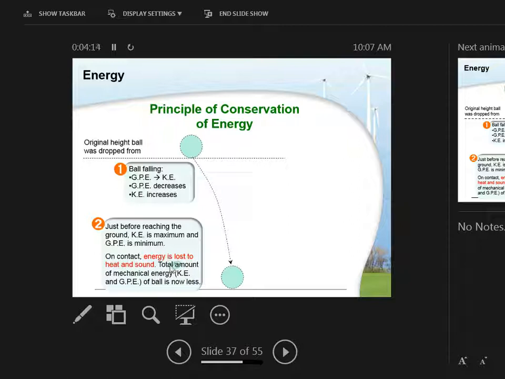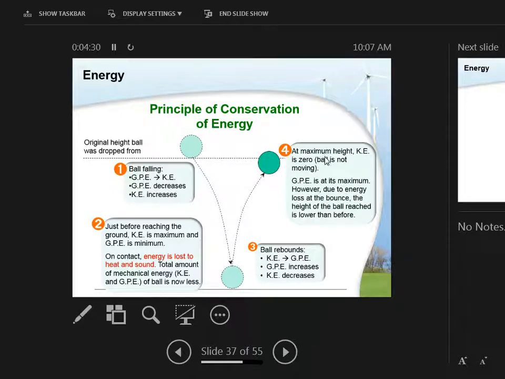So in red color, the total kinetic plus gravitational potential energy is now lower. Okay? So when it rebounces, your kinetic energy becomes your GPE, and you realize that it does not reach the original height. Now, the maximum height at point number 4 is lower than your original height, which is what we observe in our daily lives, where we play basketball, for example.